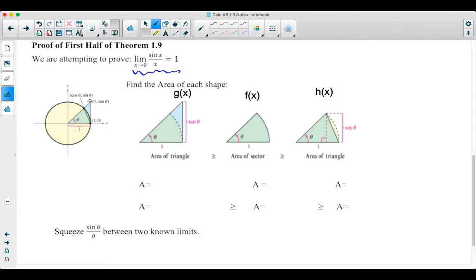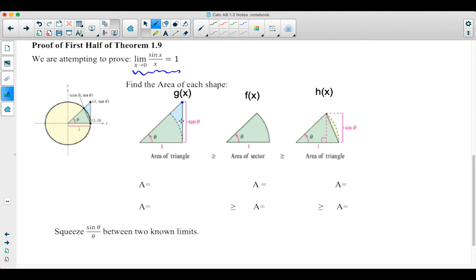And then this point right up here is (1, tan theta), and that's because the x value is 1, and since this is the opposite side and tangent is opposite over adjacent, opposite over 1, it would have to be tan theta. So that gives you a little bit of background on where these values came from. They weren't just pulled out of thin air. They're actually concepts you already have learned and hopefully understand.